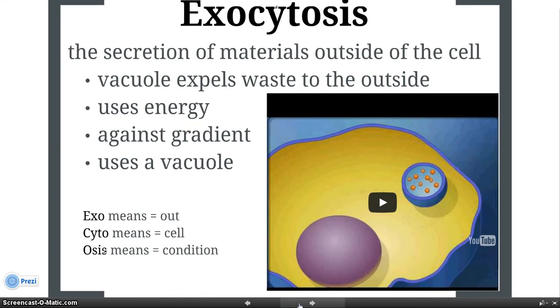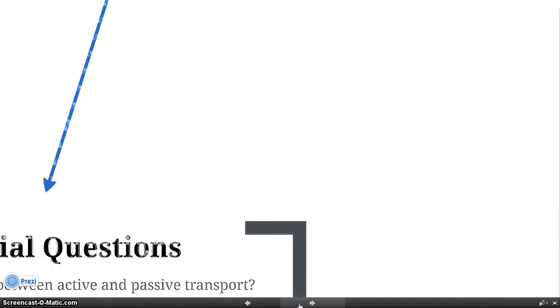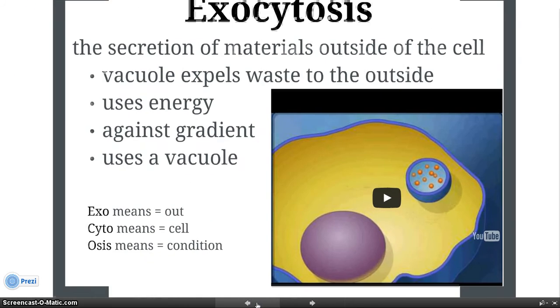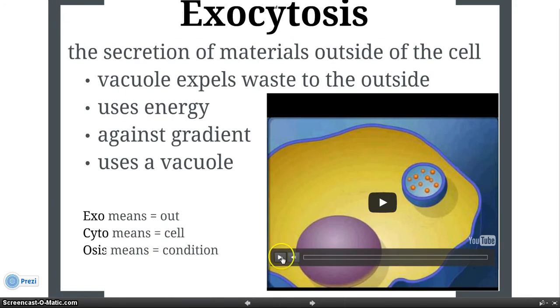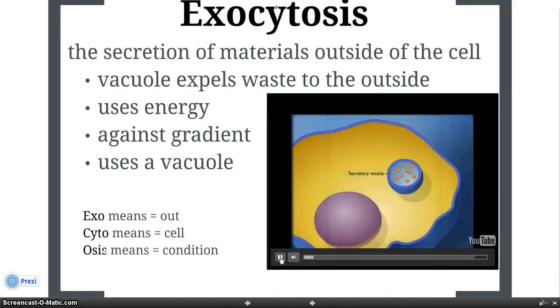The last type is what we call exocytosis, and that is just a secretion of materials outside of the cell. So here we have our vacuole, and it's going to be pushed to the outside, so whatever we don't want is then expelled outside.